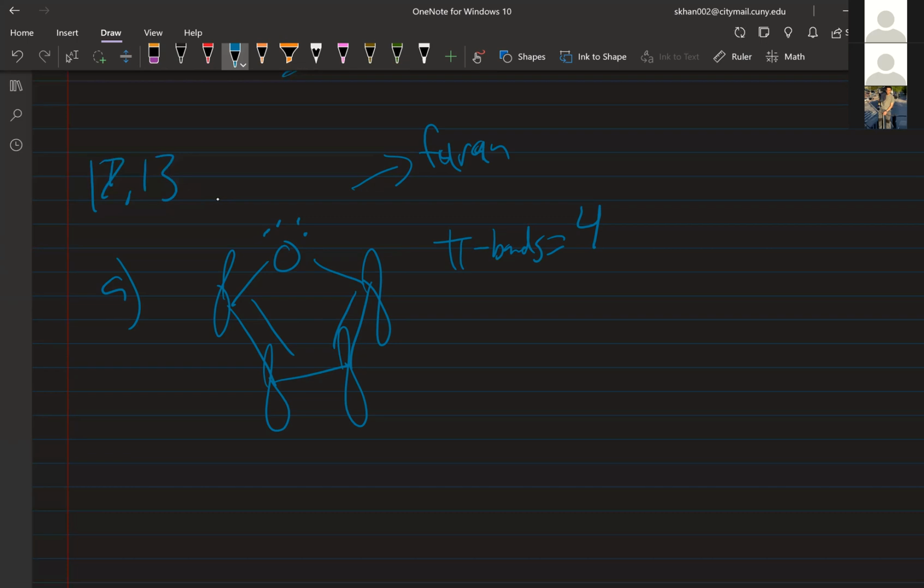If we were to include one of the lone pairs from oxygen, would this make the molecule more stable or less stable? More stable. And why is that? Because it's going to be aromatic.